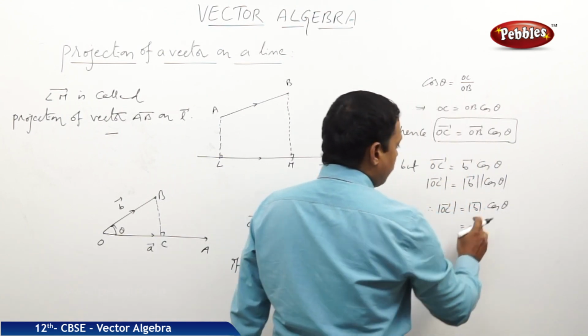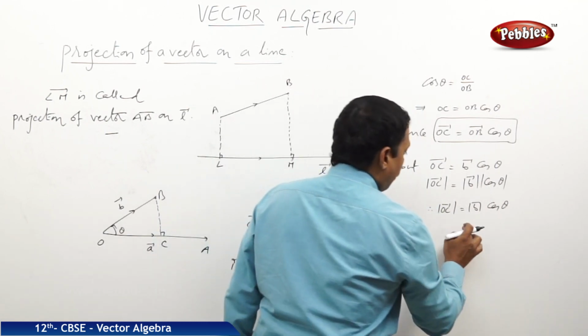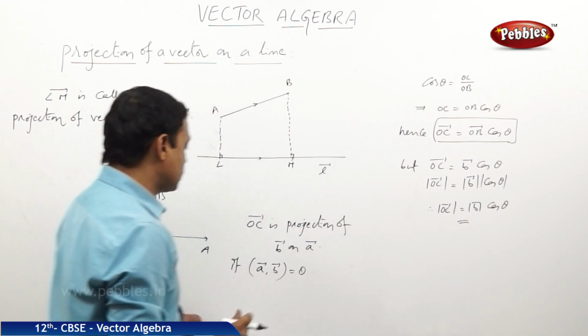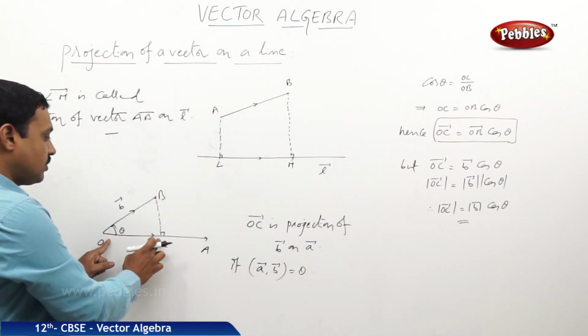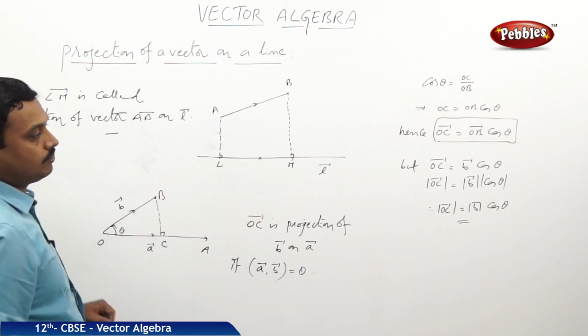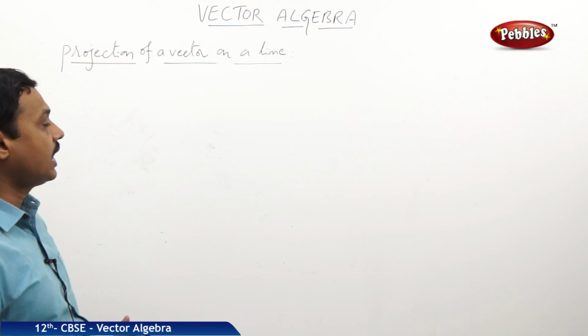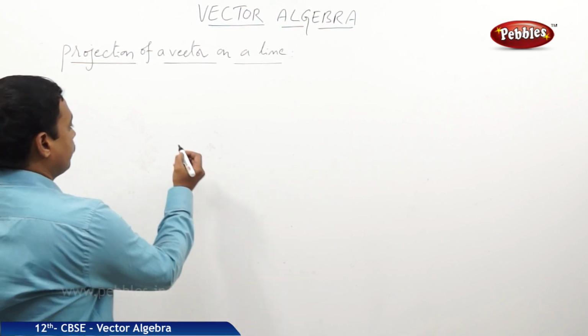So modulus of OC is nothing but the length of the projection. The length of the projection is equal to mod B into cos theta.